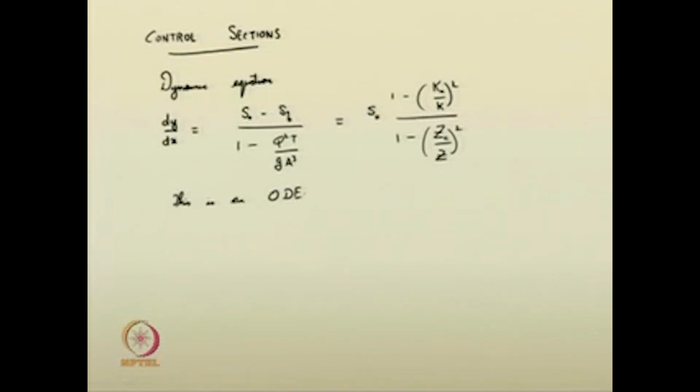This is an ordinary differential equation in terms of y. This is a first order ordinary differential equation, and of course, considering the section factors and conveyance factors, it is almost true that it is non-linear in terms of y. So, this is a non-linear first order ordinary differential equation, and you can solve it using any of the different solving procedures for differential equations.